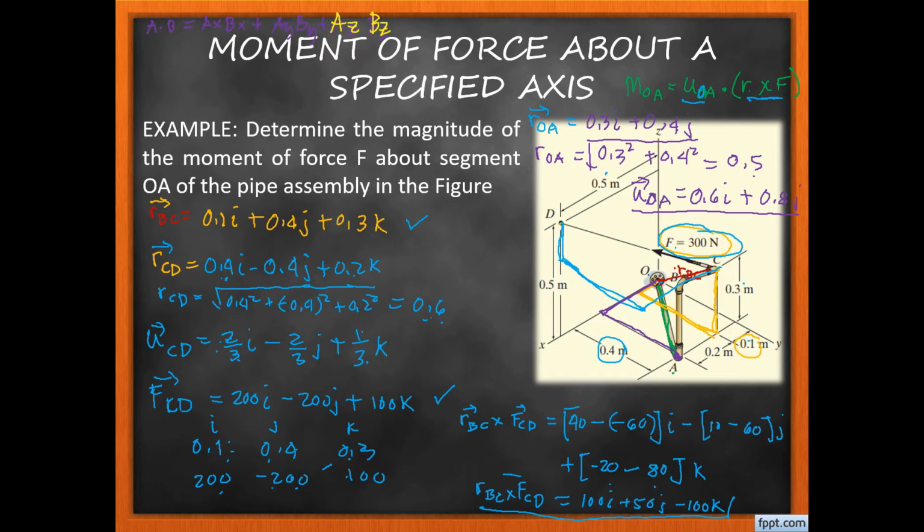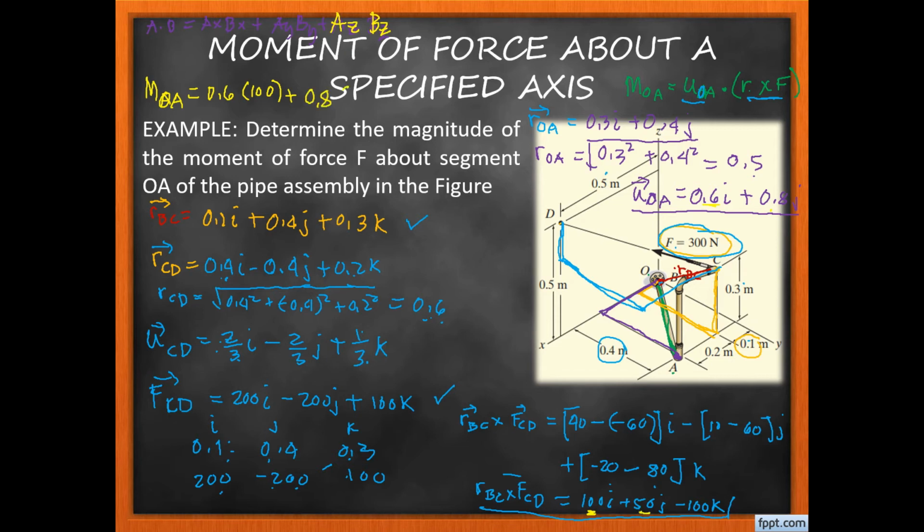Okay, so yung dot product natin or yung moment natin along OA is simply the 0.6 times yung ating 100, plus yung ating j is 0.8 times yung ating 50.